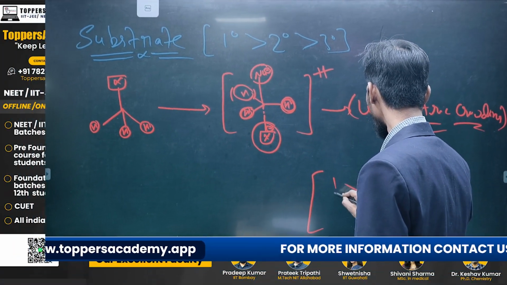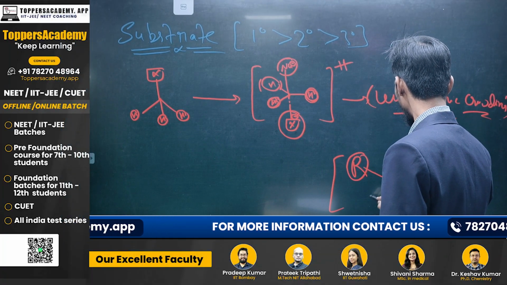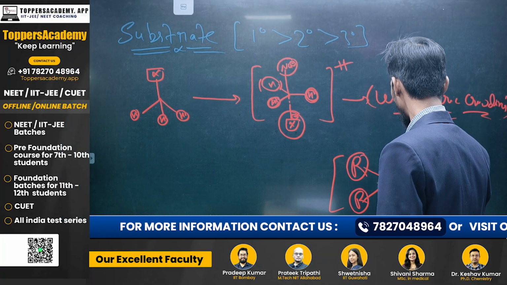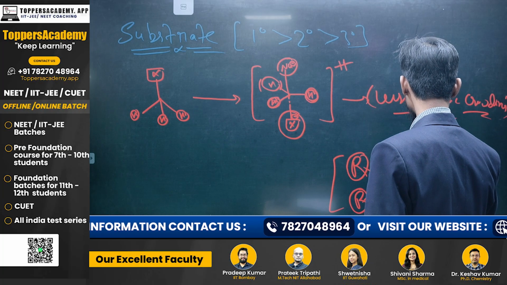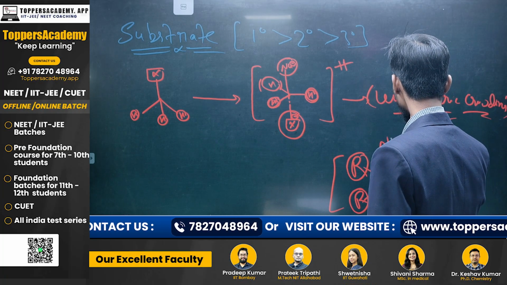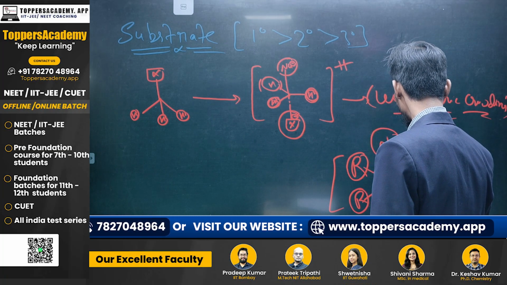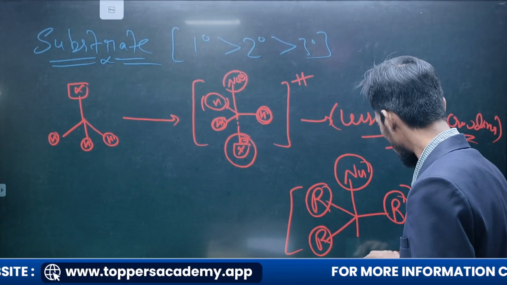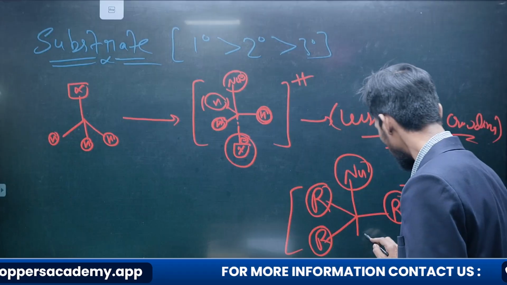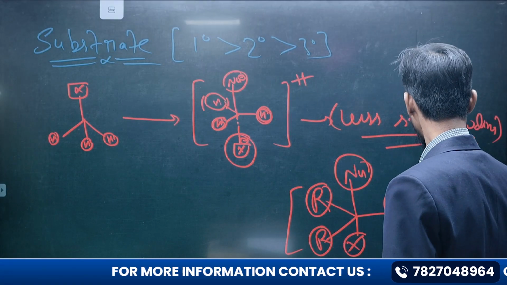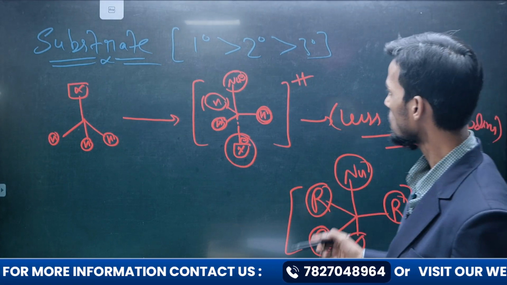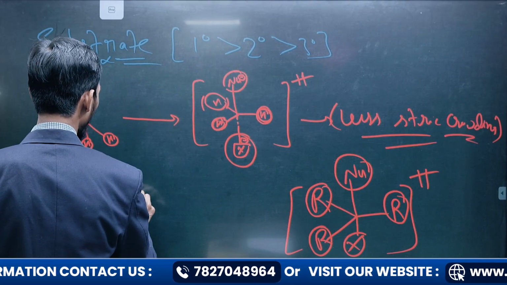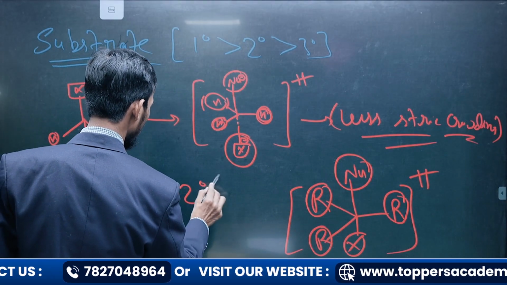If we have 3 bulky groups and 5 groups attached like this, the transition state becomes unstable. This is one reason why 1 degree is more preferable than 2 degree.